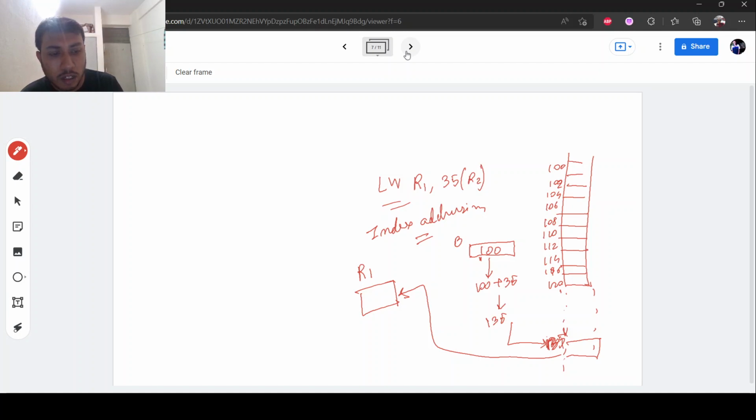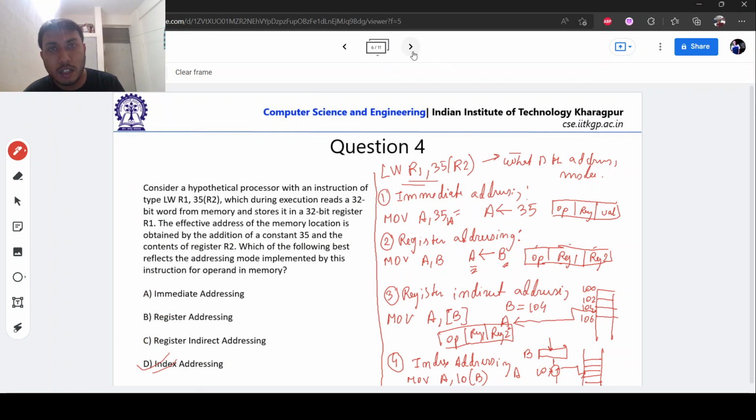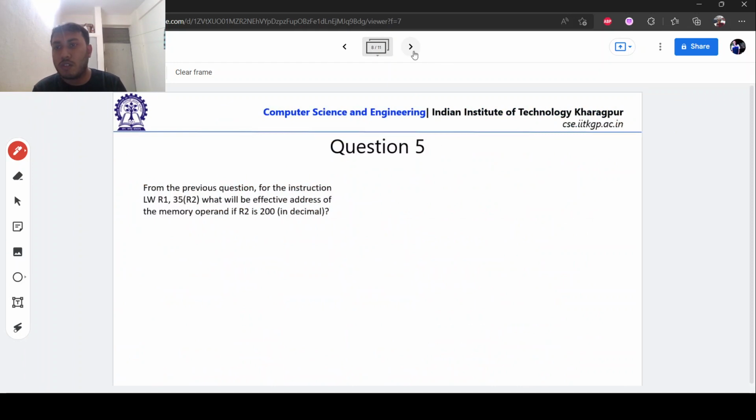So now let's go to the next question. It is similar to the previous one. The question is, for the load instruction LW R1, 35 R2, what will be the effective address of the memory operand if R2 is 200 in decimal?